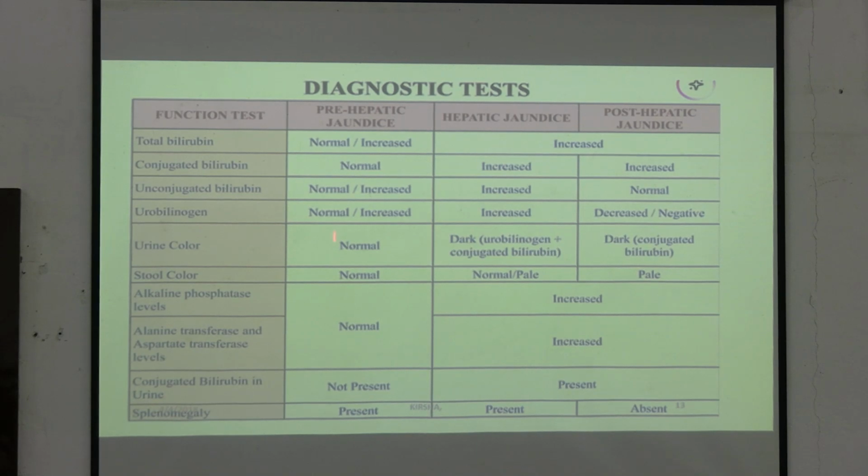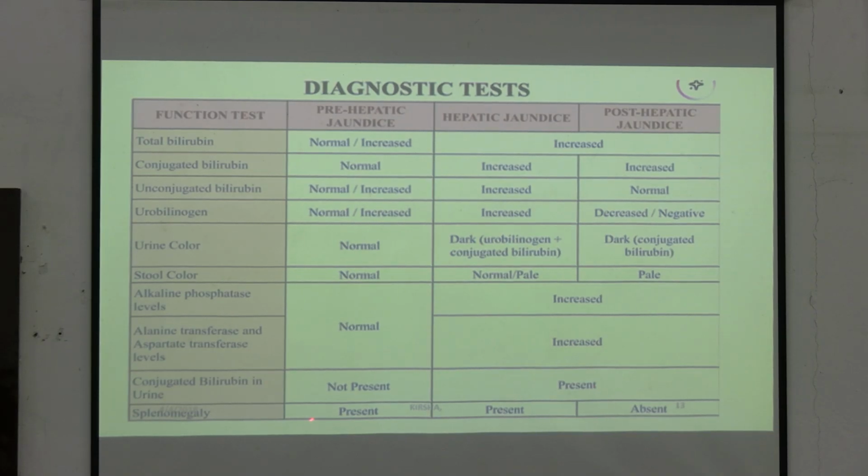Urine color will be normal in pre-hepatic, dark in hepatic jaundice, and also dark in post-hepatic. Stool color normal in pre-hepatic, normal or pale in hepatic jaundice, pale in post-hepatic. Alkaline phosphatase and alanine transaminase normal in pre-hepatic, increased in the others.